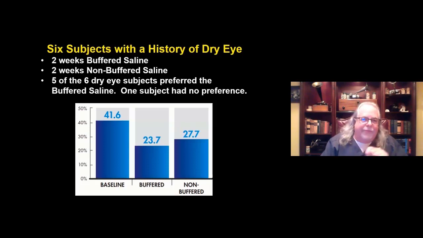Now, that's not the important part of this little evaluation. The important thing was that 5 out of the 6 dry eye subjects preferred the buffered saline solution, and given a forced choice, 1 patient had no preference between the 2.